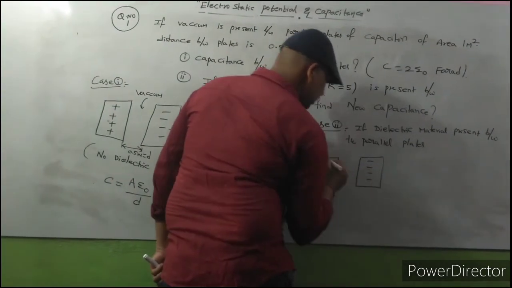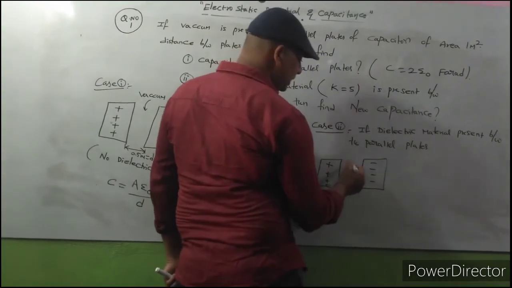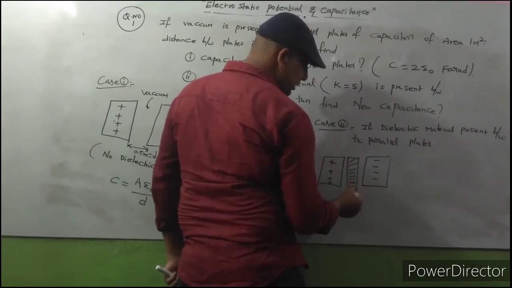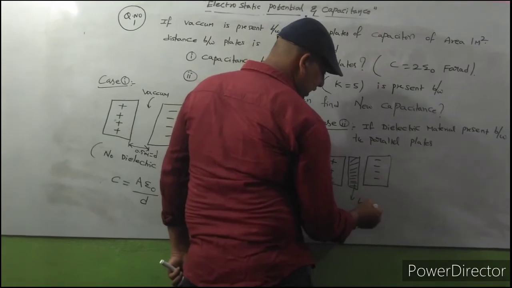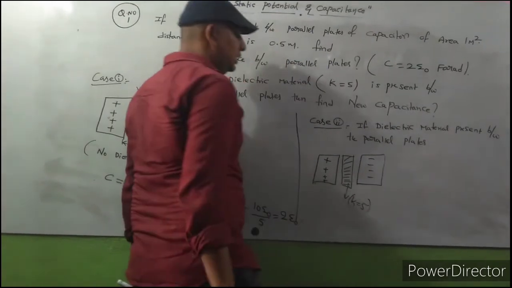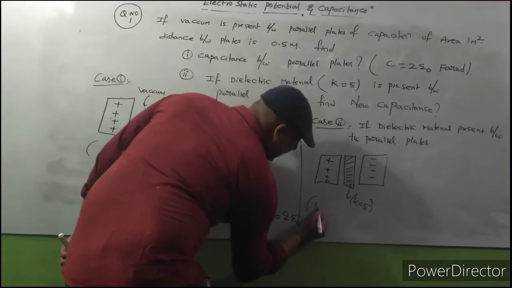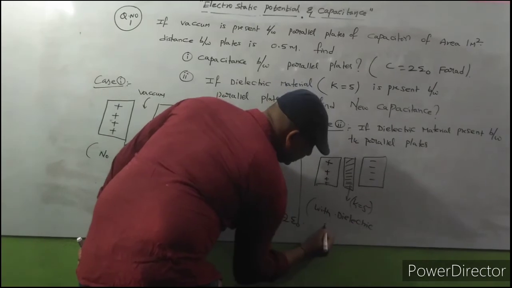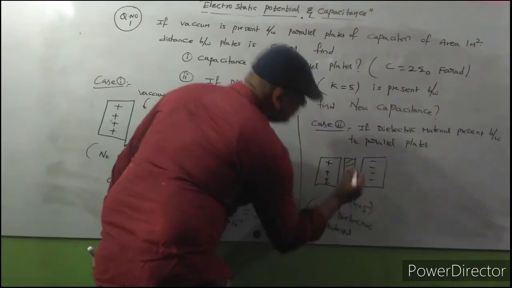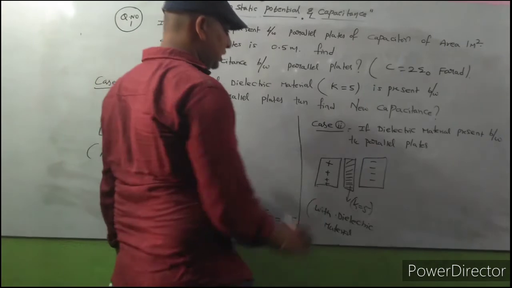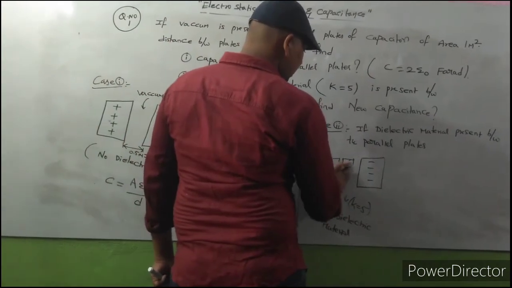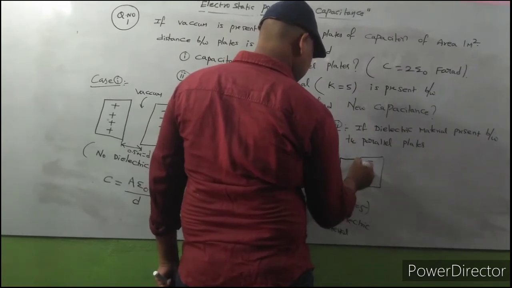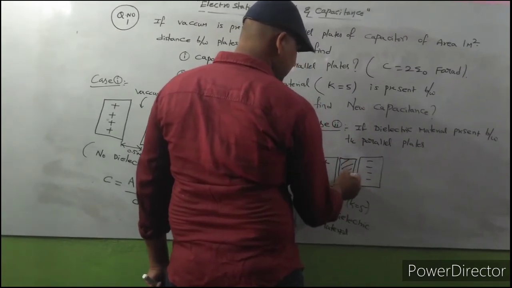This is negatively charged, this is positively charged, and here is the dielectric material, with dielectric constant 5 as given. So this is the case with dielectric material.